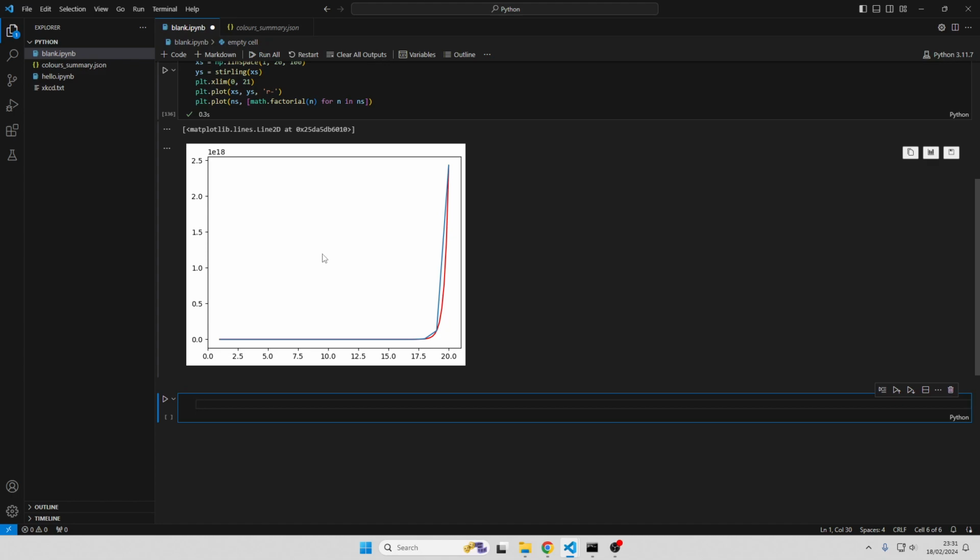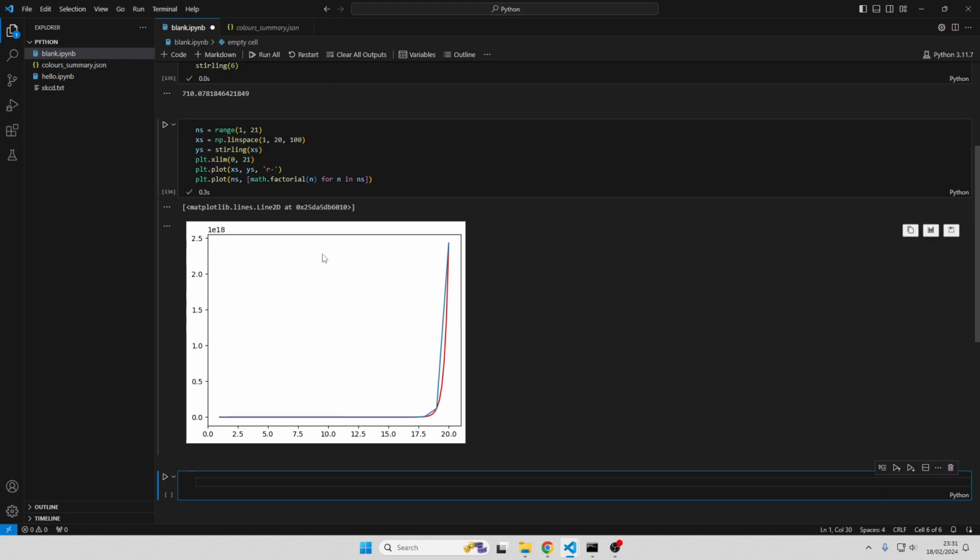The first thing is, we can't really tell too much from this plot. We've got 1e18 here, that means 10 to the 18, so everything's going up to about 2.5 times 10 to the 18 as we get to 20 factorial, and the early ones are just so much smaller that everything gets squashed down. We can't really see what's going on.